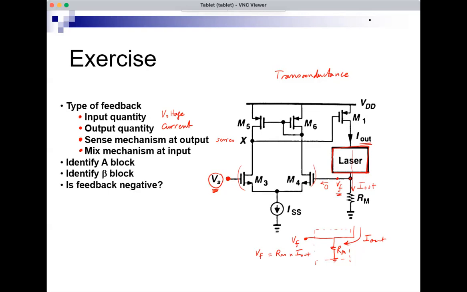So I'm taking advantage of this fact to apply the feedback quantity at this input and the source at this input. M3 and M4 in this type of circuit would amplify VS minus VF, because I just got the difference between the two. So the mix mechanism at the input is series, but using a differential amplifier.